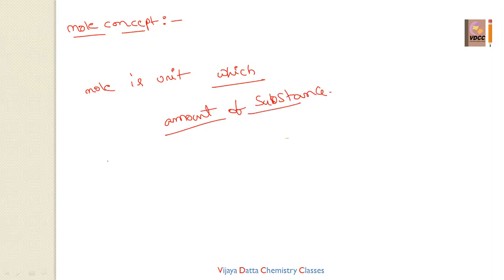Why? Because if you consider any one substance, NaCl or KCl, there will be so many atoms or molecules present. Atoms and molecules are very small in size.